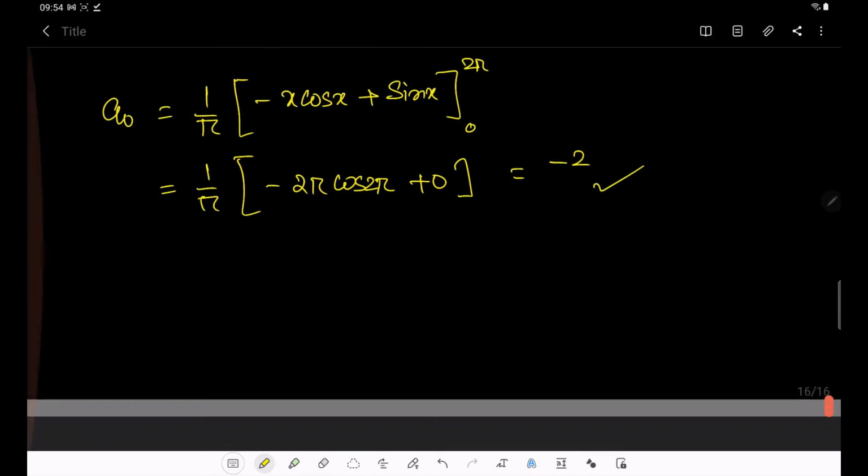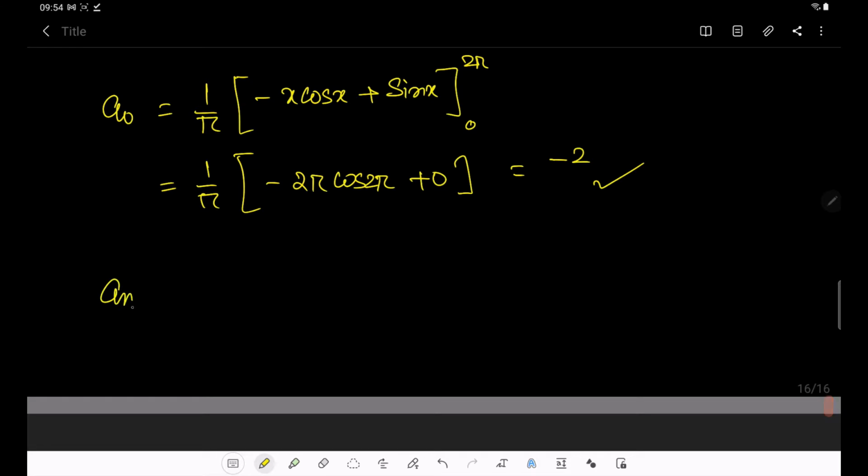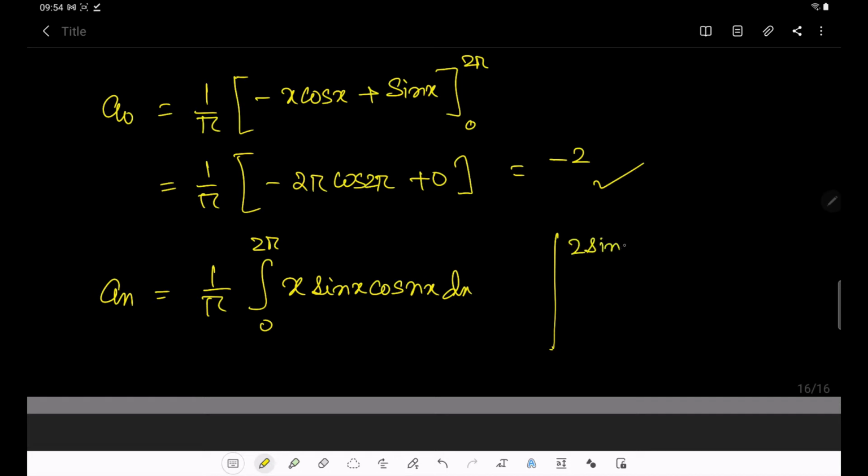Fine. Now we have to perform the integration for finding an. We know that an is equal to (1/π) times the integral from 0 to 2π of x sin x cos nx dx. Now we know that 2 sin x cos nx can be written as sin((n+1)x) minus sin((n−1)x).